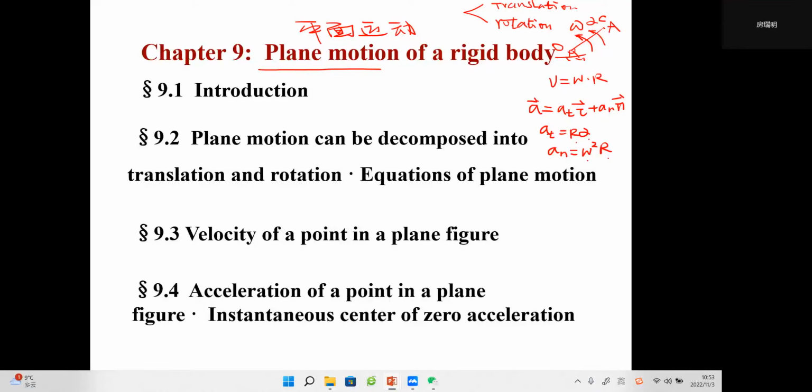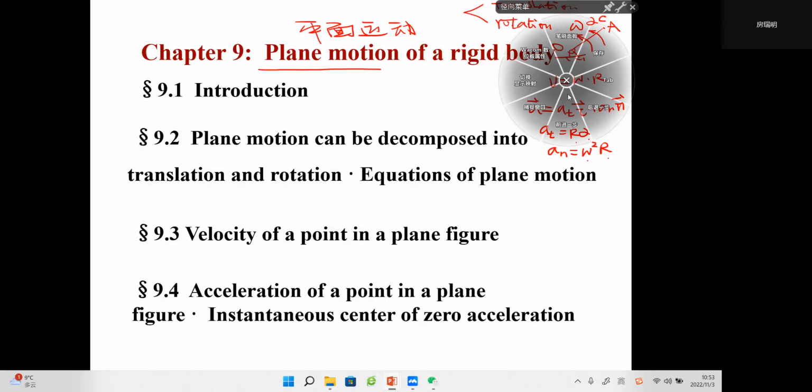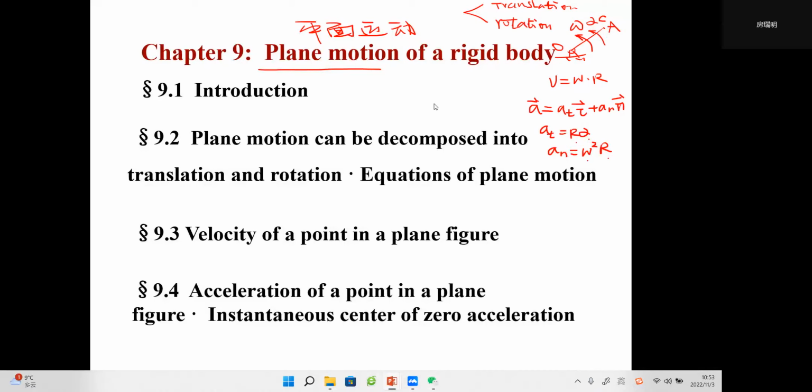And in the final chapter of this part, we will talk about the complex motion of a rigid body. That is plane motion, which means its motion is very complex.